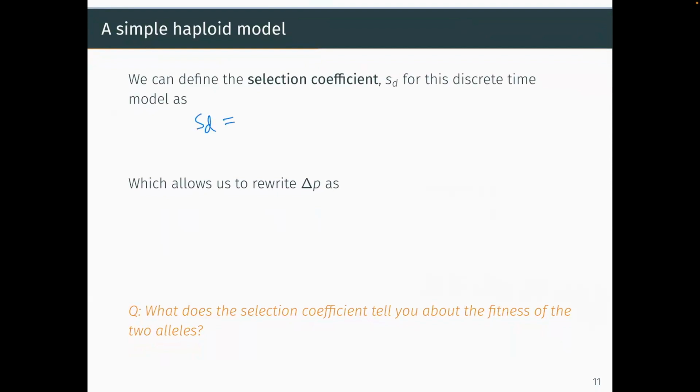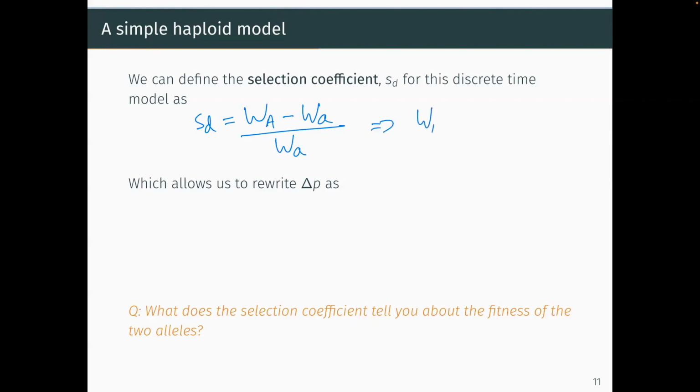And we can define our selection coefficient S sub D. We're going to define this here for our capital A allele. Going to be the difference in their fitnesses divided by the fitness of allele little a, so W sub little a is on the bottom.